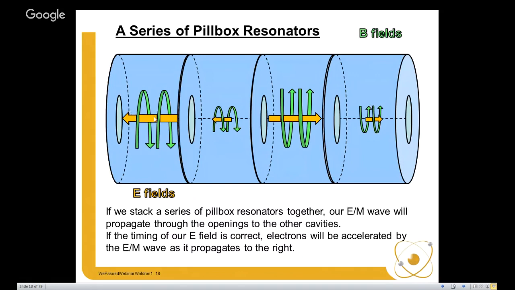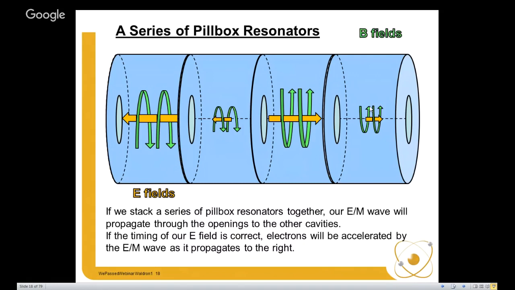I'm showing a large electric field to the left in this cavity, a not quite 0 electric field to the left in this cavity, perhaps approaching 0 and switching over, followed by one to the right in this cavity, one that's close to 0 in this cavity. And of course, as these propagate through, each cavity will see all phases. So a little time later, this one will have 0, and this one will be to the left, and this one will have 0, and this one will be to the right.